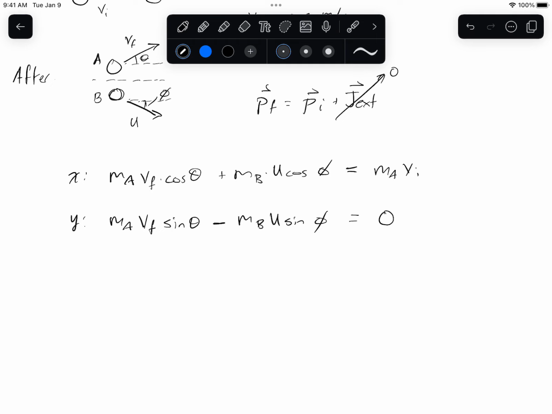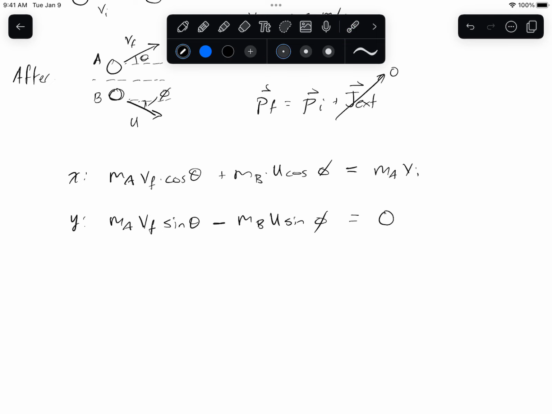So what I would like to do is solve for u, and I would like to solve for phi. And so I have this sine phi and I have this cosine phi, and that's kind of annoying. Let me go ahead and isolate these terms over here just to see what we can get, okay?